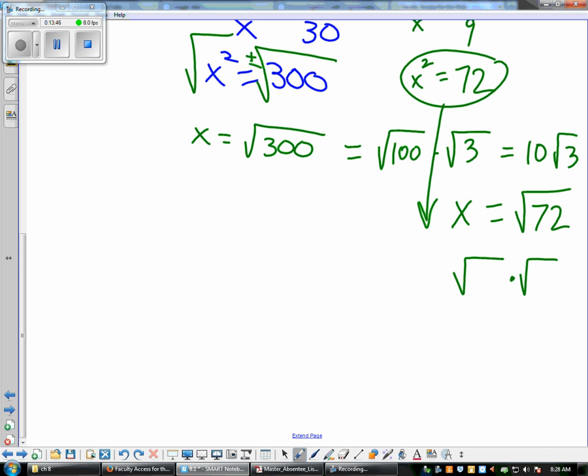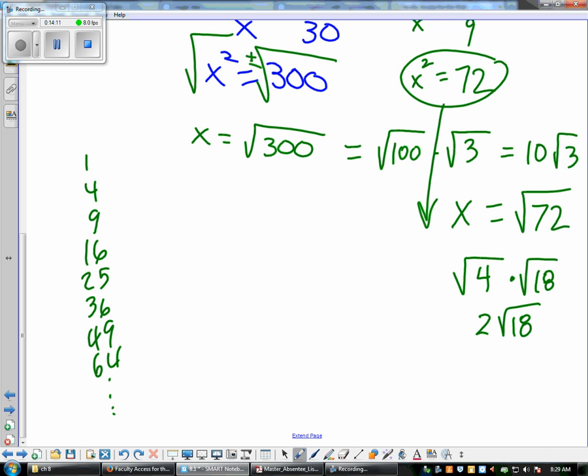Mackenzie? 4 goes into 72, so you could split it up into 4 times 18, so that would give us 2 times the square root of 18. Any perfect squares that go into 18? For those of you watching at home, our perfect squares are 1, 4, 9, 16, 25, 36, 49, 64, etc. What goes into 18 that's in the list? 9.